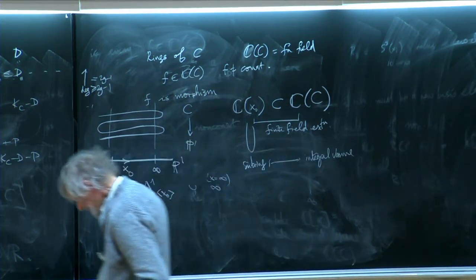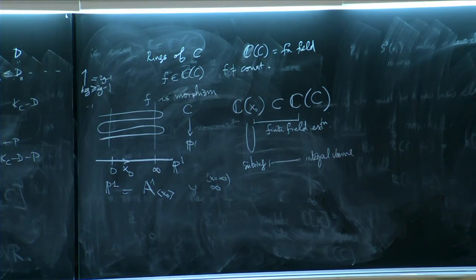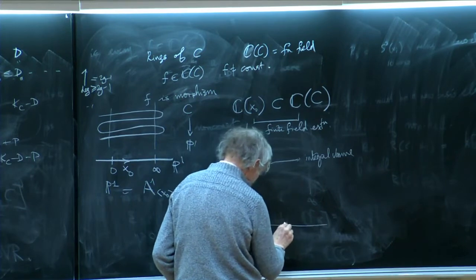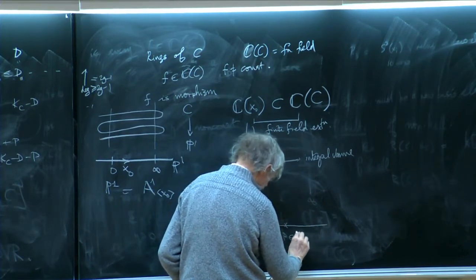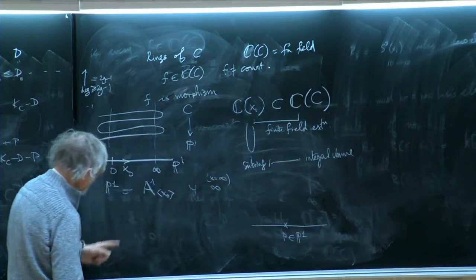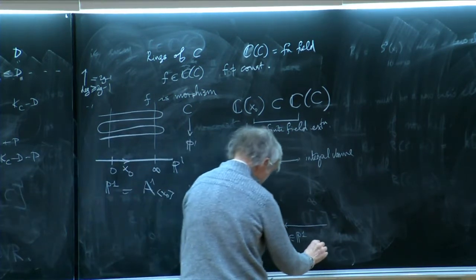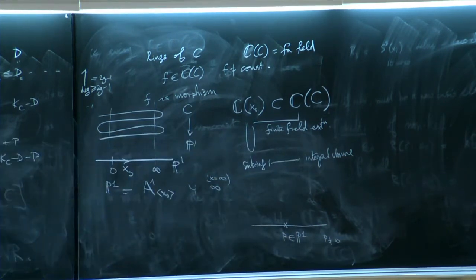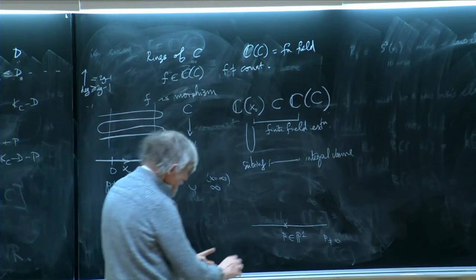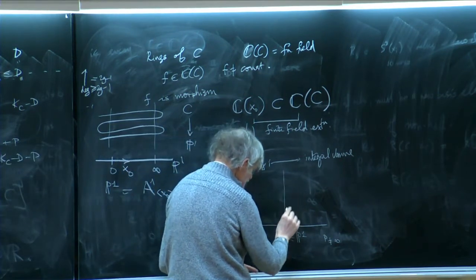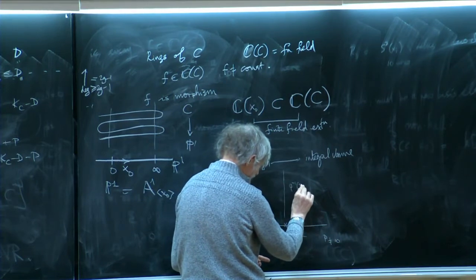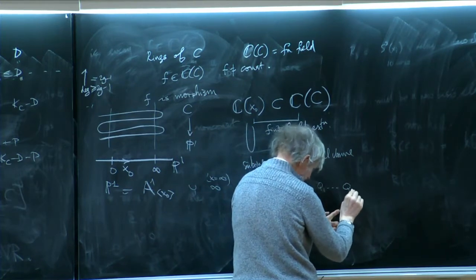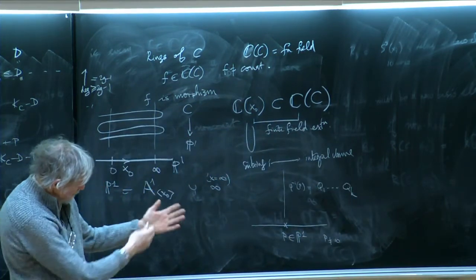So what I want to do now is take any point P in P1, or let me take P not equal to infinity, just for the moment. I take any point P in P1, then I have phi to the minus 1 of P, and so this is Q1 up to Q some k, it doesn't really matter.